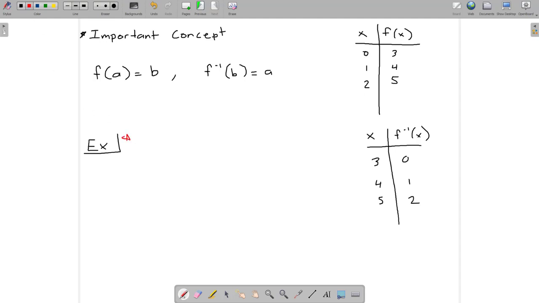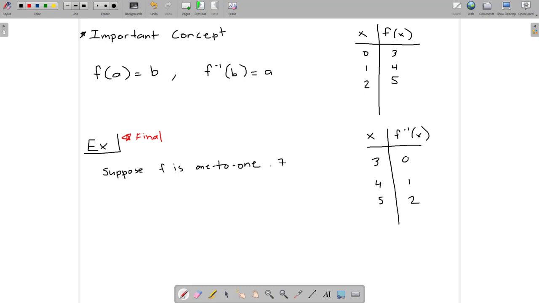So I want to look at a different example from a different final. And it says suppose f is 1 to 1, which remember just means that we're going to have an inverse. We've already checked that out.